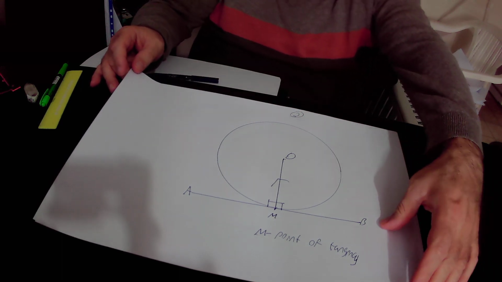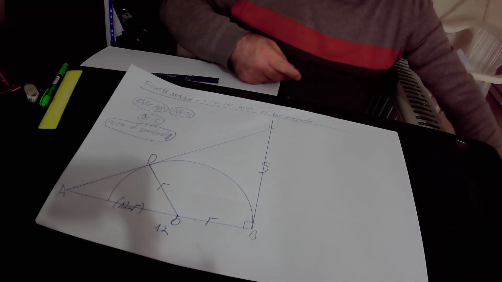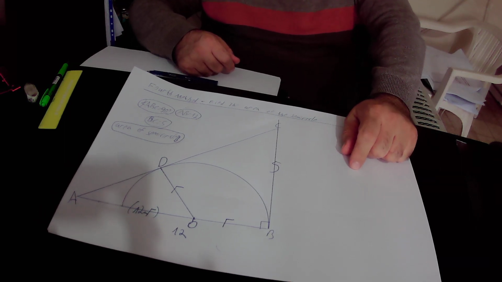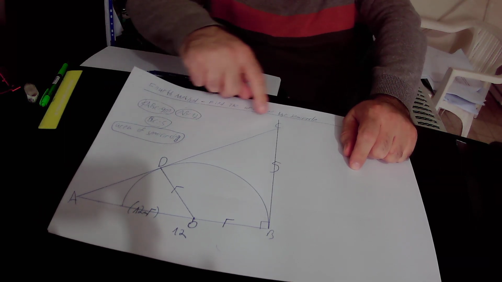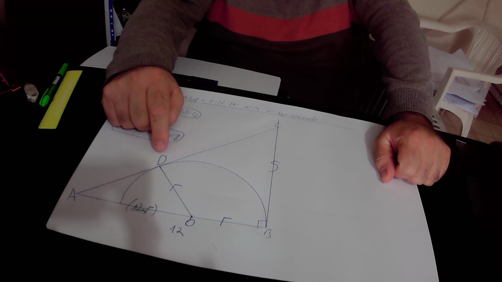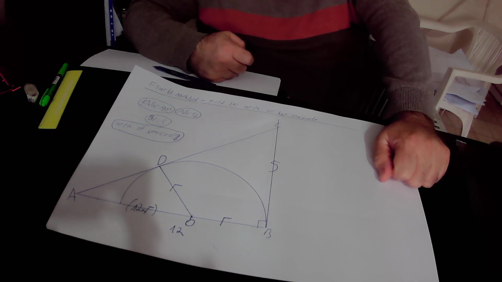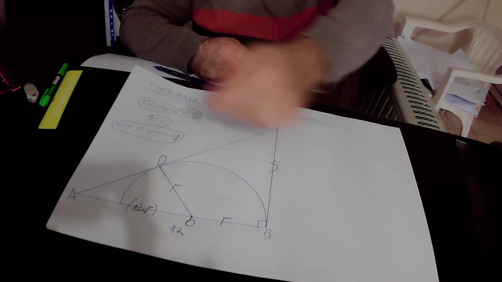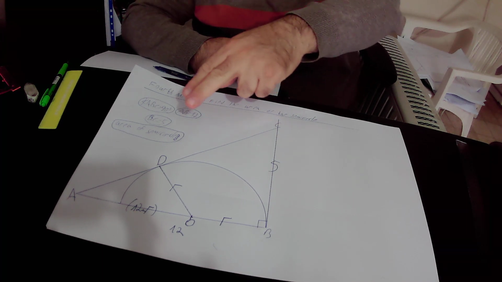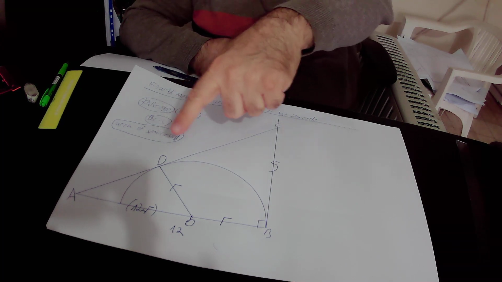Okay, so we can implement rule number 1 in our drawing, because in our drawing tangent CA is tangent to this semicircle at point D, and so point D is the point of tangency of tangent CA with this semicircle, and we have the radius OD, drawn to point D, the point of tangency of tangent AC with this semicircle.